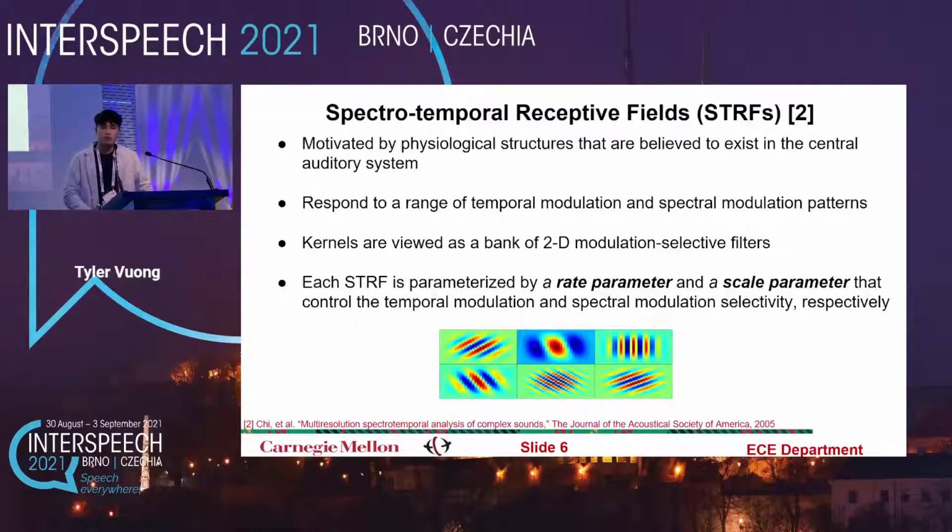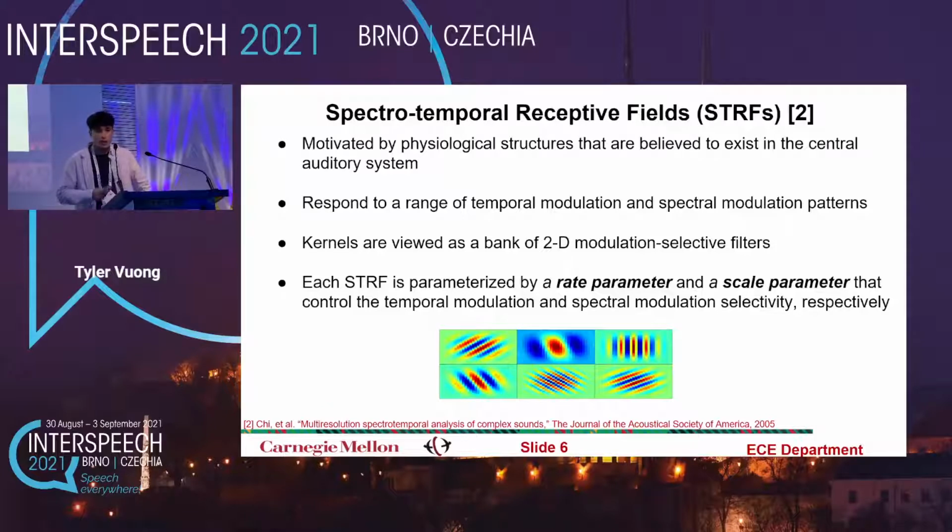So what are STRFs, or spectro-temporal receptive fields? STRFs are motivated by physiological structures that are believed to exist in the central auditory system. Each kernel responds to a range of temporal modulation and spectral modulation patterns. You can think of the kernels as a bank of 2D modulation selective filters.